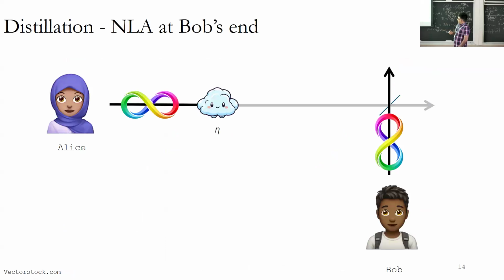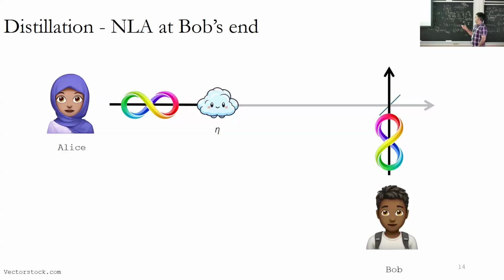Okay, but instead of doing nothing, we can actually do something called noiseless linear amplification, or the distillation that I talked about. So in this protocol, we still have Alice trying to share the entangled state, but this time Bob also has an ancilla entangled state.